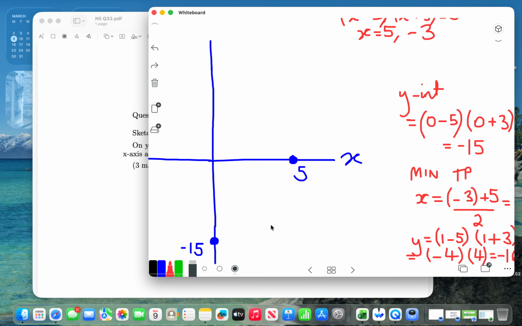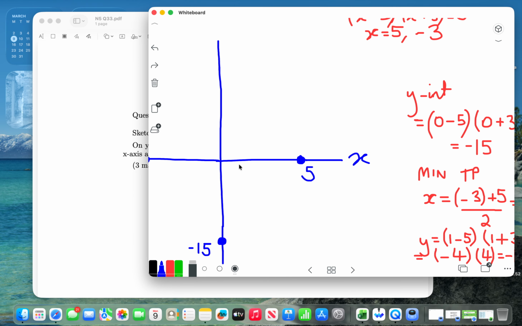So the minimum turning point is going to be 1 along on the x-axis and minus 16.